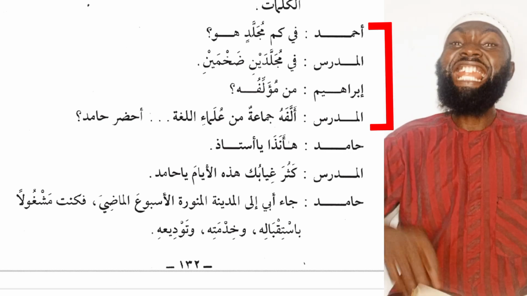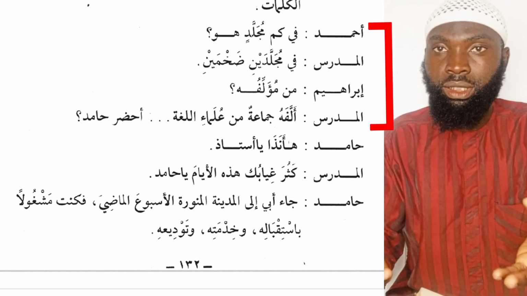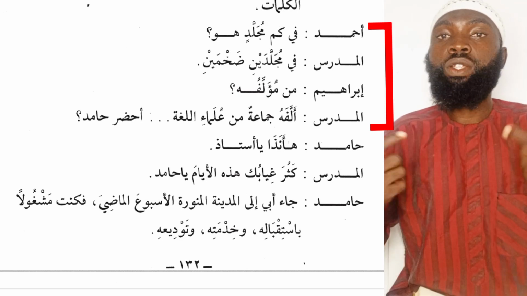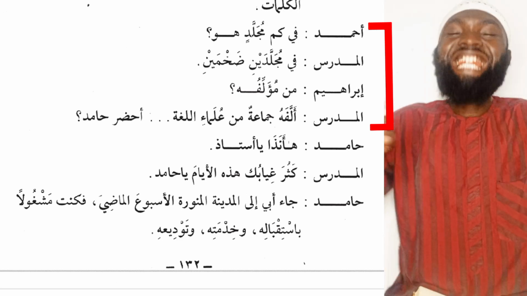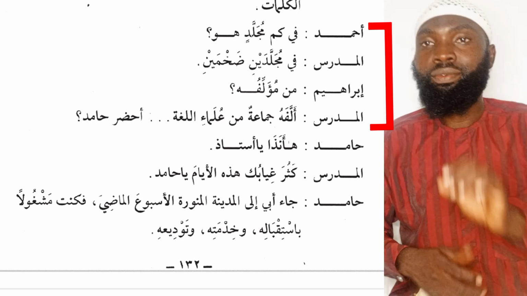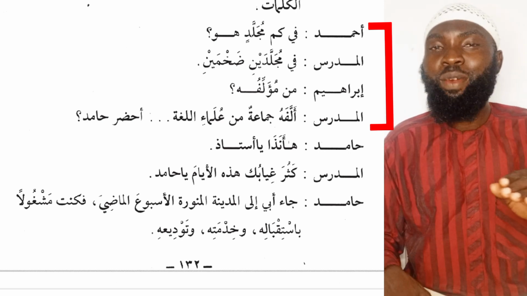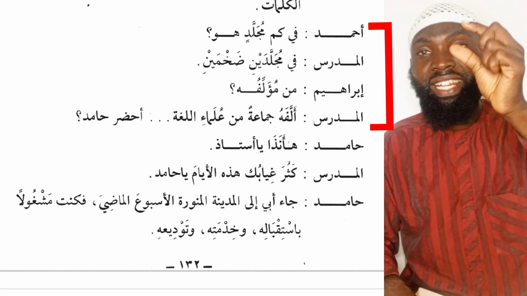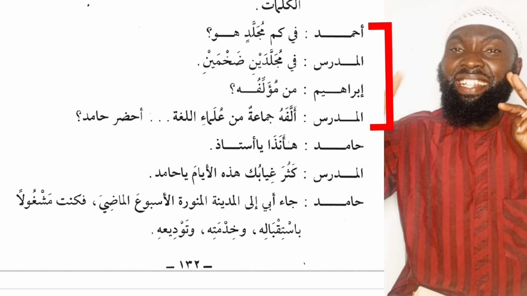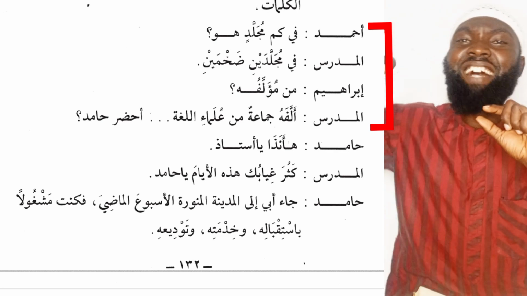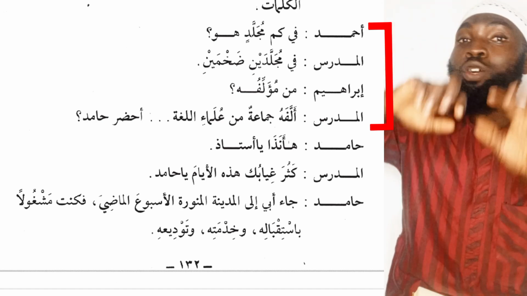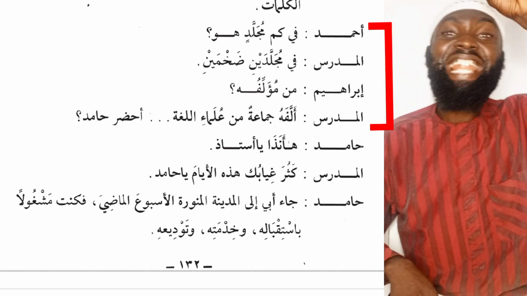Can you see the word? Allafa, he authored. Yu'allifu, he is authoring. Mu'allifun, an author. Here we have alafa, a 3-letter word, with an addition of a single letter, which makes it allafa.